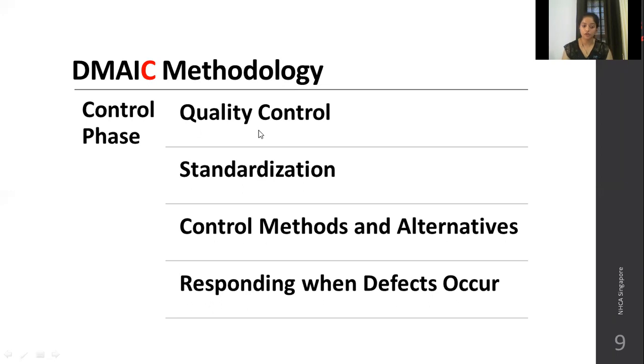The old machine is also in use. You have renovated your MRI department and you have introduced a new machine. So now you have two MRI machines, you have two reception staff, you have two radiologists, you have nursing assistants coming from other departments to help the radiologist. Okay, so for each and every problem which you have identified in the analyze phase, you now have solutions implemented for each problem.